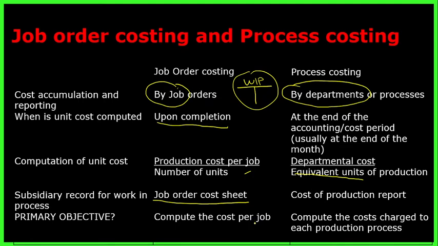And then, the primary objective, okay, for job order costing, the primary objective is you should be able to compute for the cost of each job and cost of each product made for the customers. Here, you should be able to compute for the cost charged to each production process. Magkano ba yung na-incur natin for process number 1, process number 2, ganun, and so on and so forth.